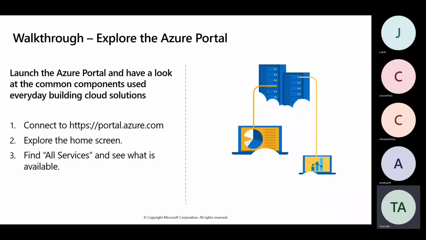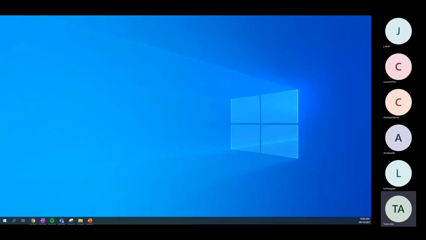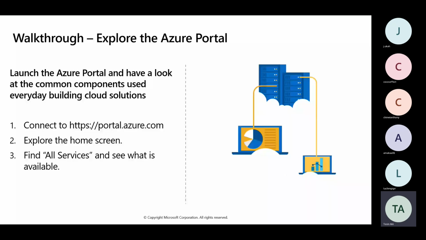The way it works, for me, I have my Azure portal, and this particular slide is just to explore the Azure portal. For us to do that, we need to open our browser. It's supported on Chrome, and on Mozilla Firefox; these are supported browsers besides Edge.